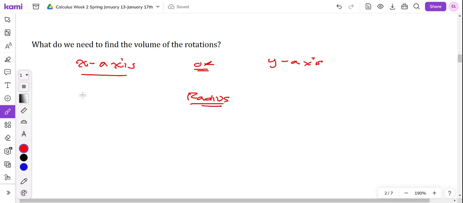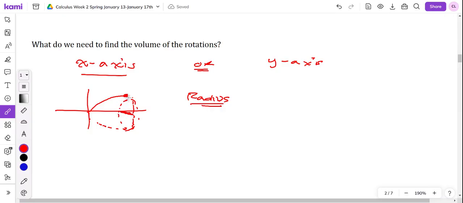So on the x-axis, let's just take the one we were looking at here. If we're rotating this way on the x-axis, it's going to rotate around like this. And we've got a circle right here where we've got to find the radius.